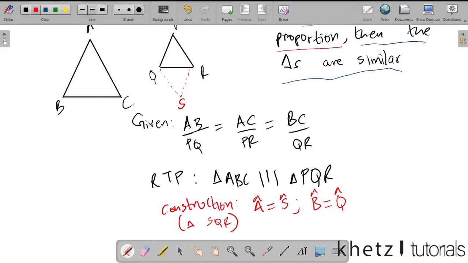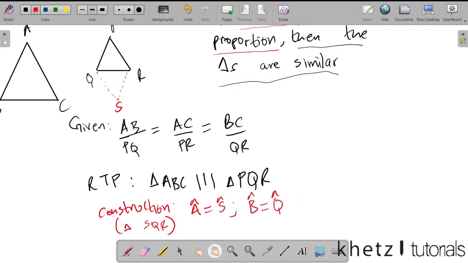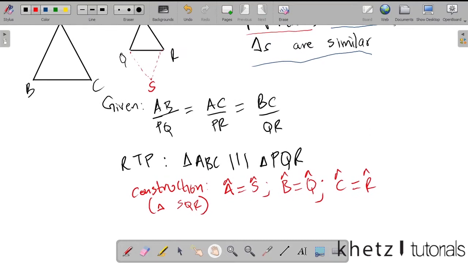So this Q refers to the Q associated with the triangle SQR, and finally our construction gives us angle C equals angle R, and this R is also in SQR.